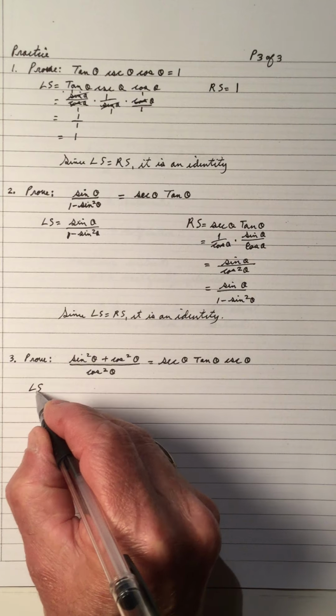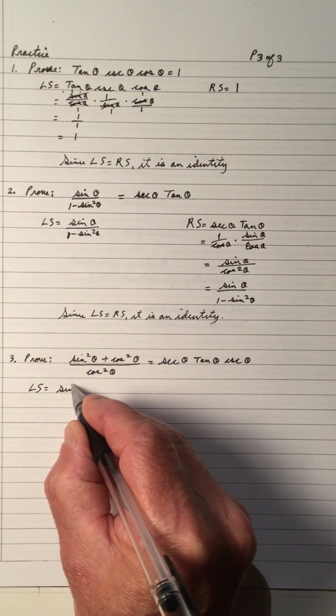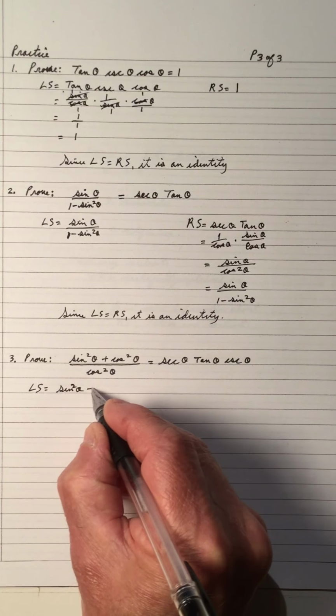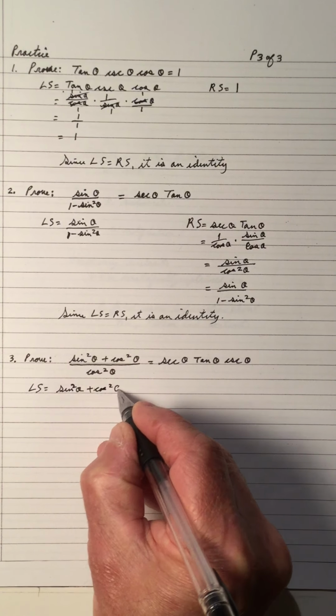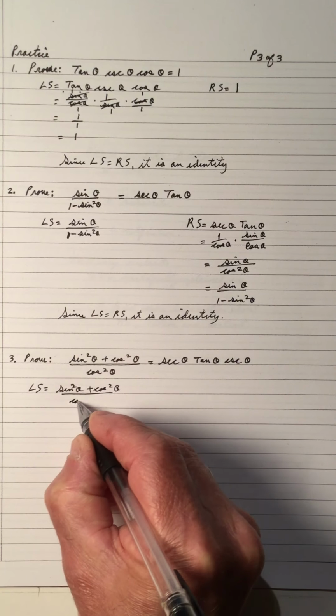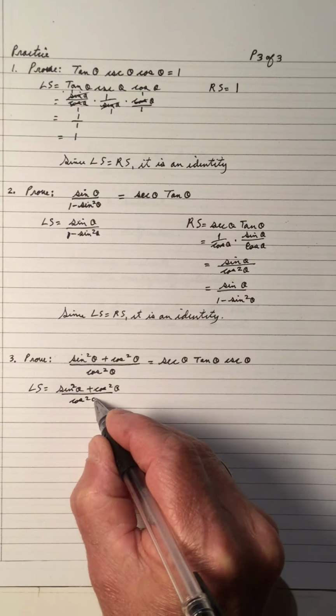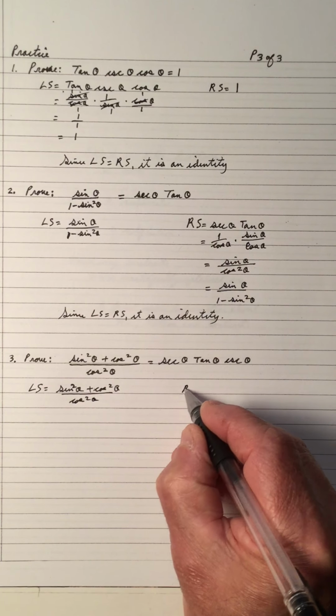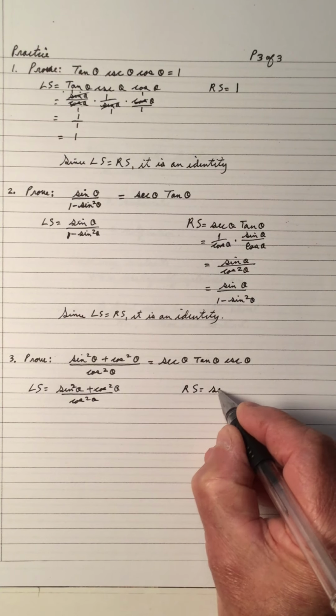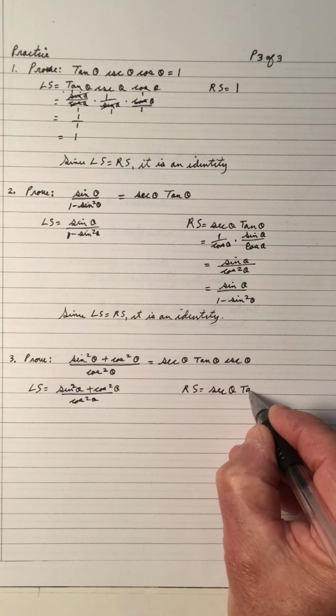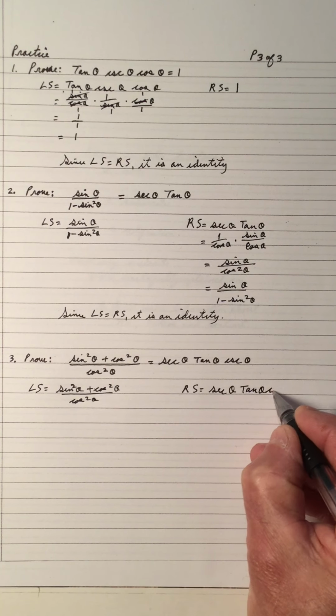So we have the left side, which is sine squared theta plus cos squared theta over cos squared, and the right side is secant times tan times cosecant.